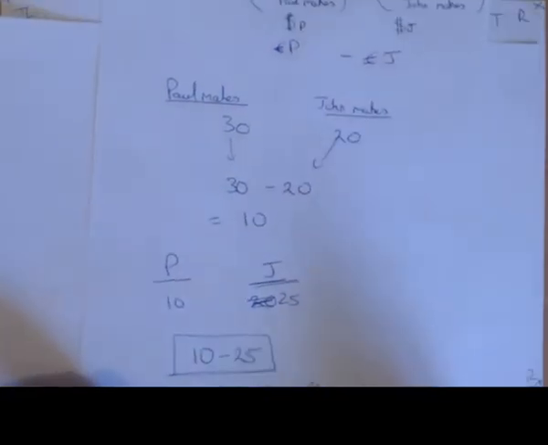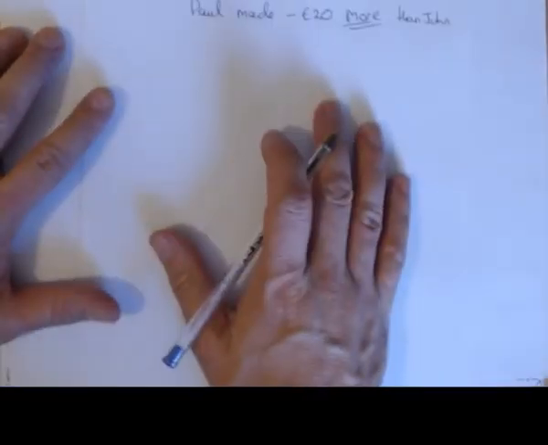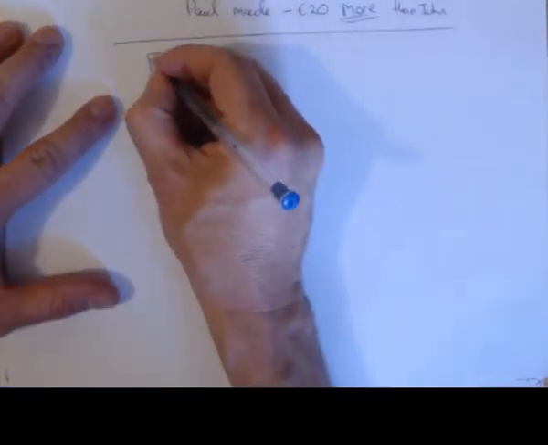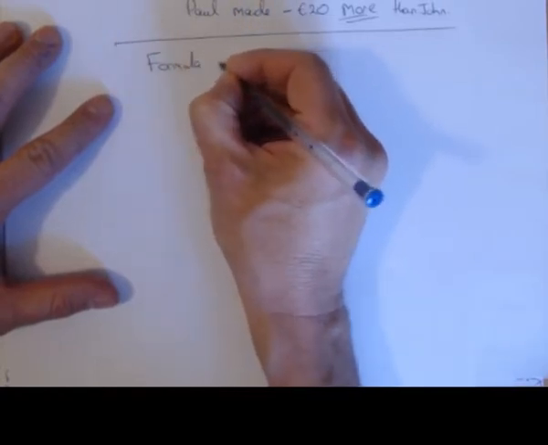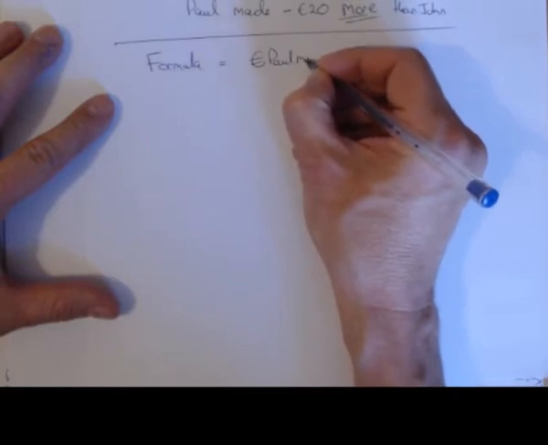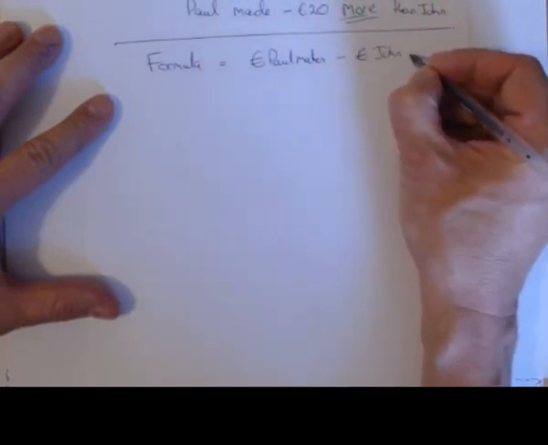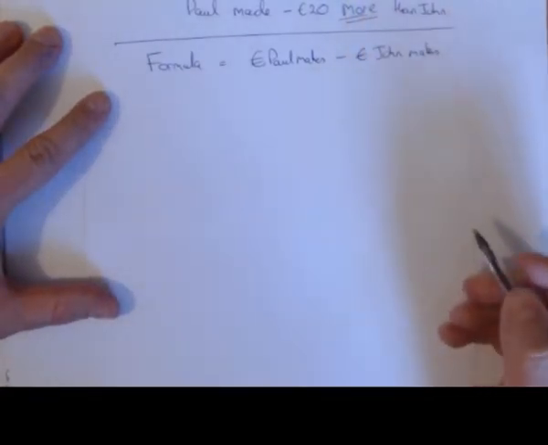So today's exercise, we're going to be looking at answering just a couple of questions with a formula. So we're going to be given something like the formula: the amount of money Paul makes less the amount of money John makes. And sometimes we use just a letter.